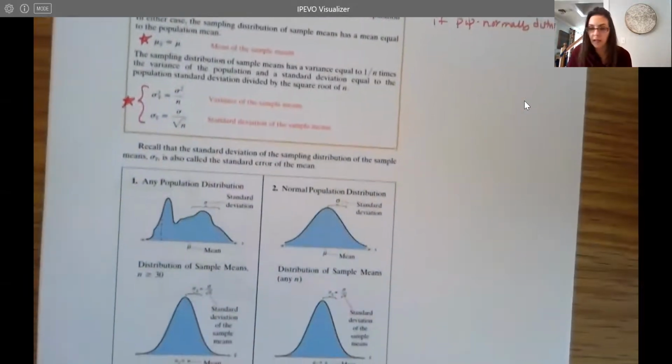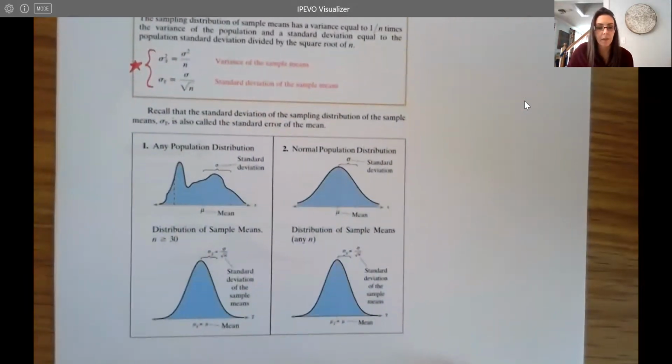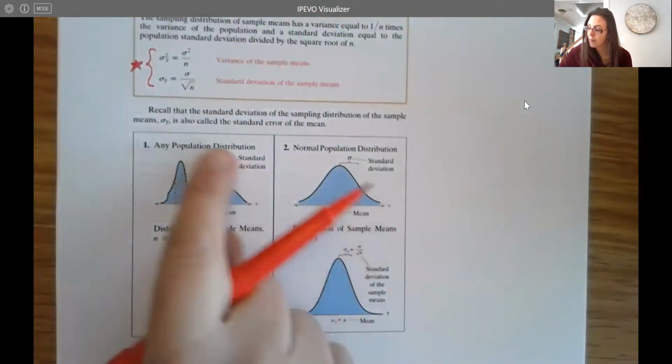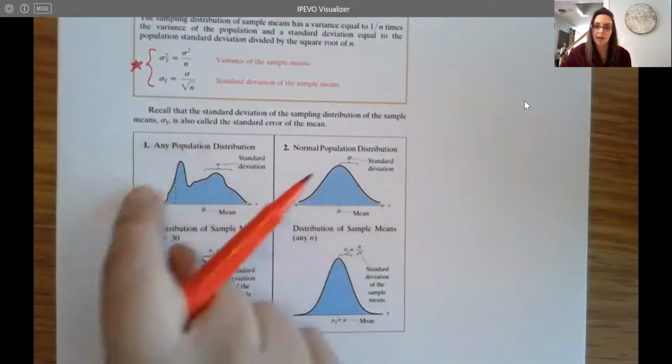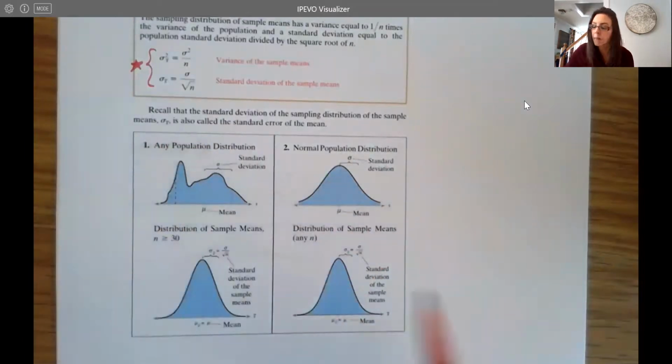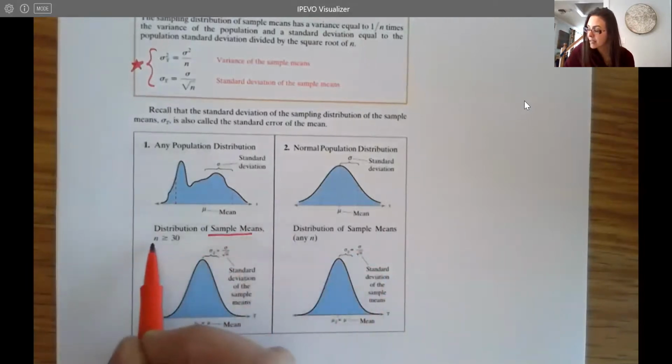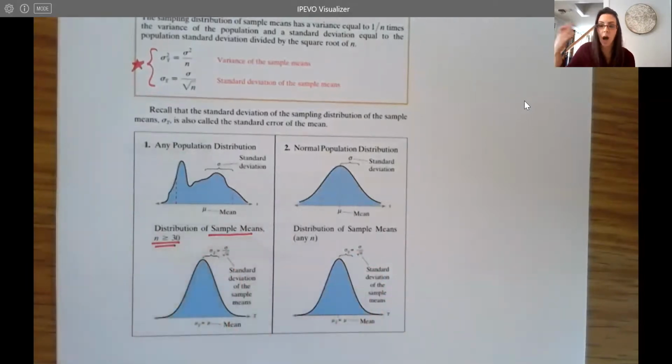And you have pictures right here. The example on the left is the first situation. Here our population is clearly not bell-shaped. It's all over the place. I don't even know what shape it is. If you're taking samples of size at least 30, and we're taking lots of samples, all these data points are now means of all the samples.